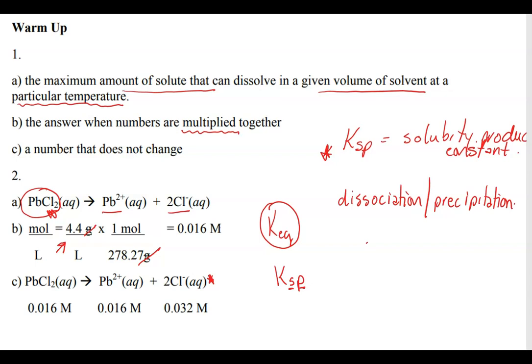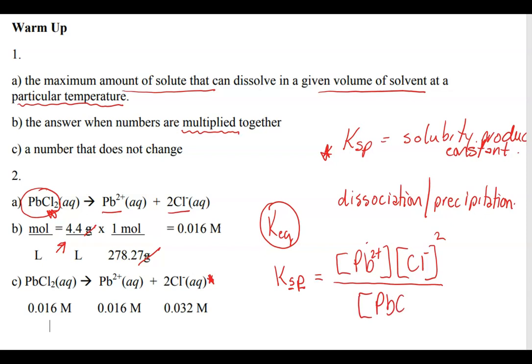Because remember, we're multiplying the concentration of the products, so the products being Pb2+ times the concentration of chloride minus squared. Now, when we learned equilibrium in chapter 2, it's the concentration of the products over the concentration of the reactants. The reactant in this case would be PbCl2.